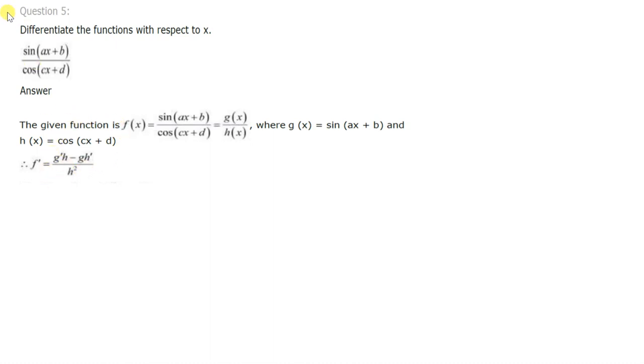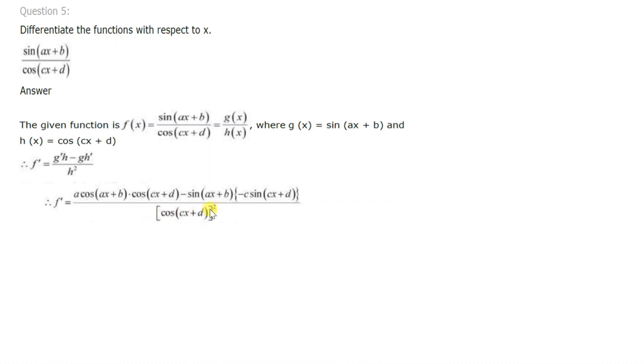The derivative of the numerator g dash is a into cos of ax plus b, because you will apply the chain rule: the derivative of sine is cos, so cos of ax plus b multiplied by the derivative of ax plus b, which is a. Similarly, the derivative of cos of cx plus d: the derivative of cos is minus sine, so minus sin of cx plus d multiplied by the derivative of cx plus d, which is c. So we get a into cos of ax plus b multiplied by cos of cx plus d, minus sin of ax plus b multiplied by minus c sin of cx plus d, divided by the denominator square, that is cos of cx plus d whole square.